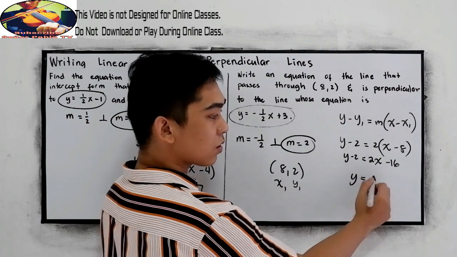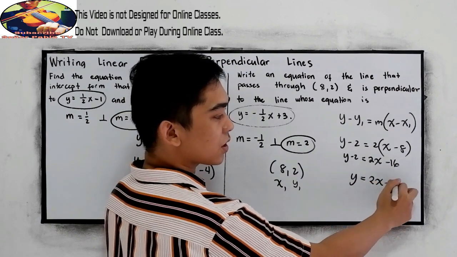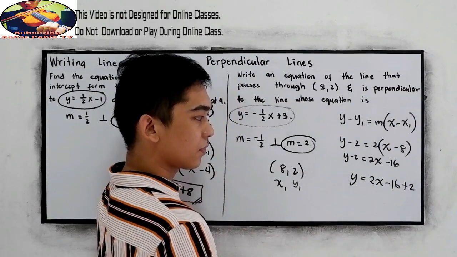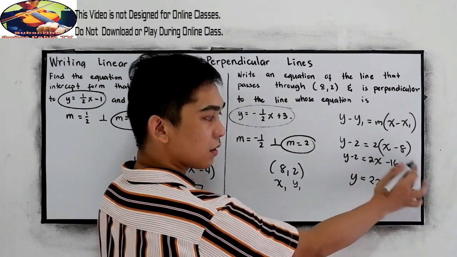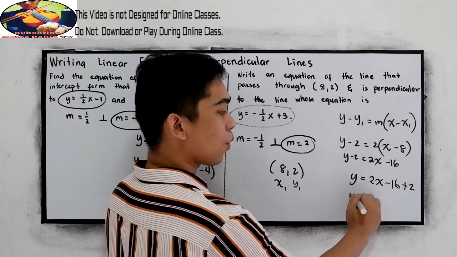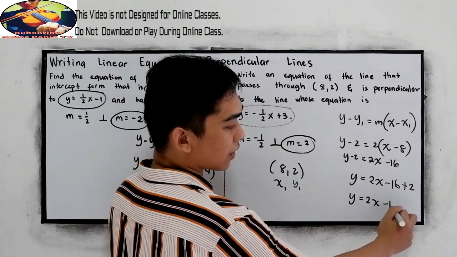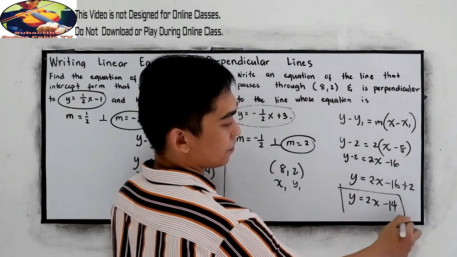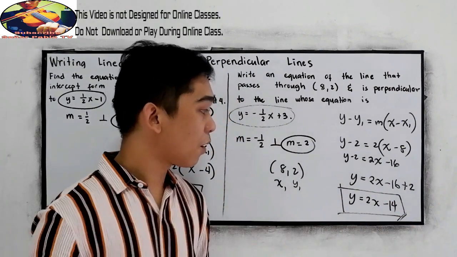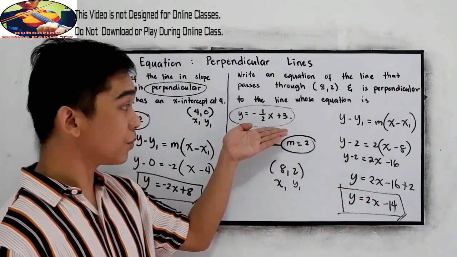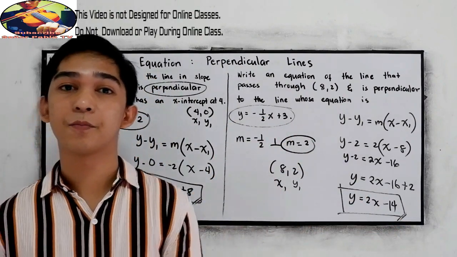So y is equal to 2x minus 16 plus 2. Addition property of equality, change the sign. Y is equal to 2x, negative 16 plus 2, negative 14. That would be our equation that is perpendicular to the given equation.